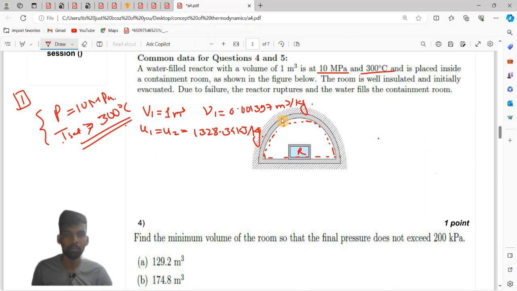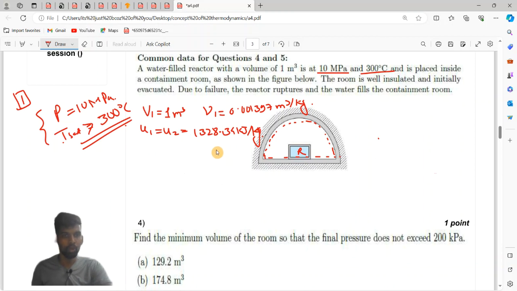In the GATE exam, these values or the table will be provided to you. One or two more values will be given other than these just to confuse you, or some intermediary values will be given, for which you need to interpolate to calculate at this temperature and pressure.